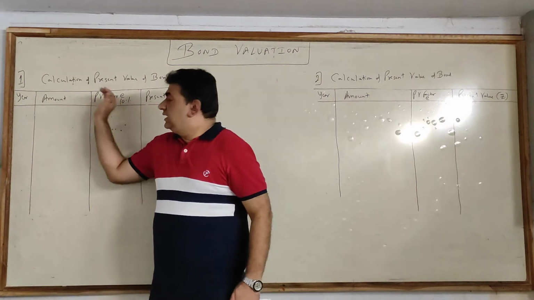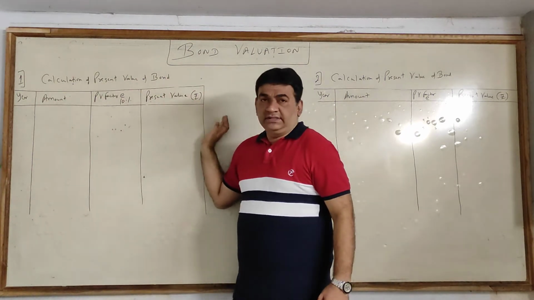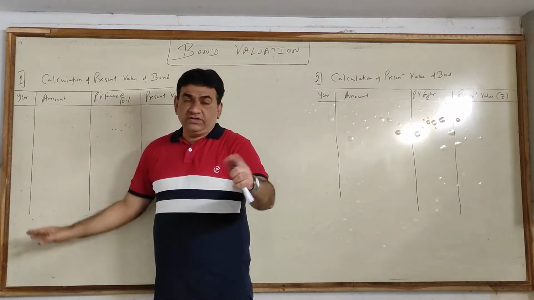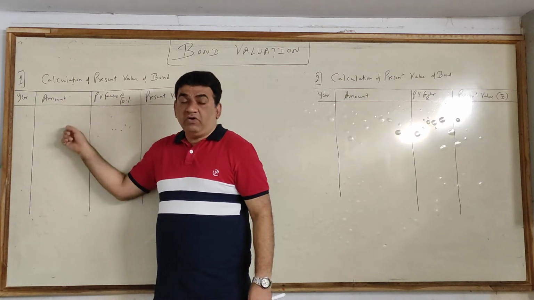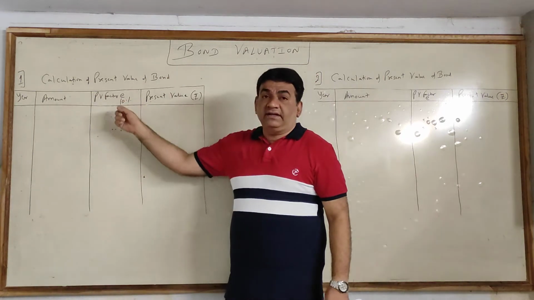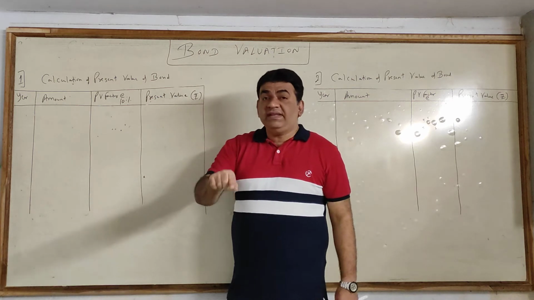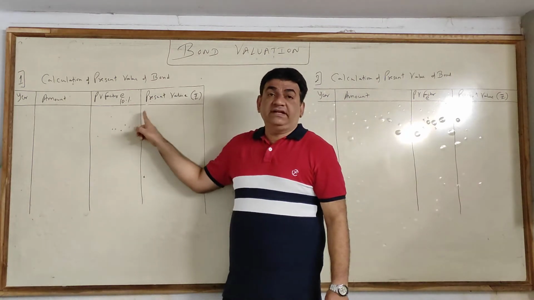Question number 1. Your heading will be calculation of present value of bond. There will be 4 columns. First, year, you can use the margin for that. Then amount, this will be the amount I am going to get for each year. PV factor, present value factor. You all know what present value factor is. That will be nothing but the required rate of return, which is given as 10%.